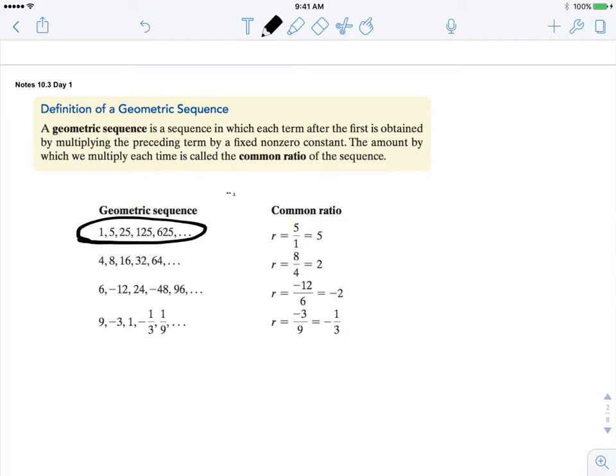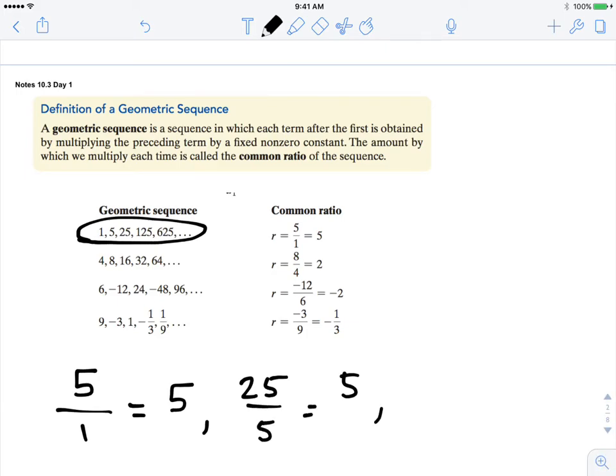How you find this common ratio is you take the previous term and divide it, so 5 divided by 1 is 5. 25 divided by 5 is 5. And you would just continue that checking of the common ratio being 5 throughout.